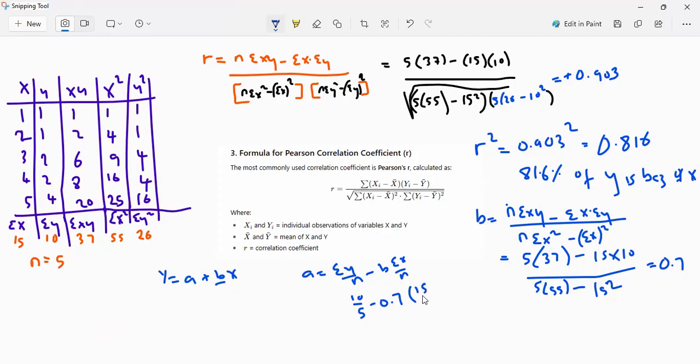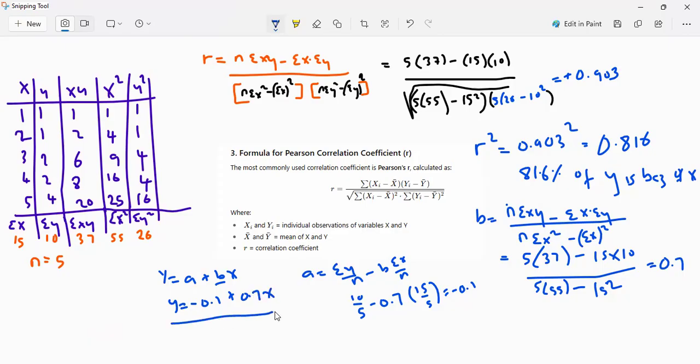And 15 over n is 5. So when you compute this, we're going to get negative 0.1. So this is what we put on our a. So y is equal to negative 0.1 plus b, 0.7, times x.